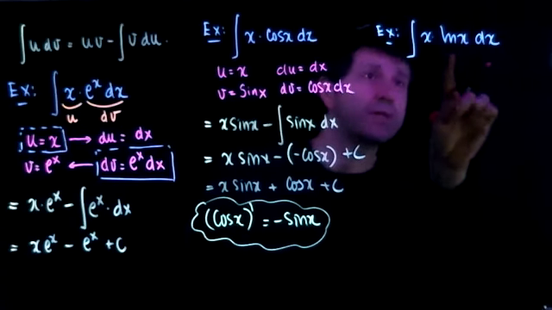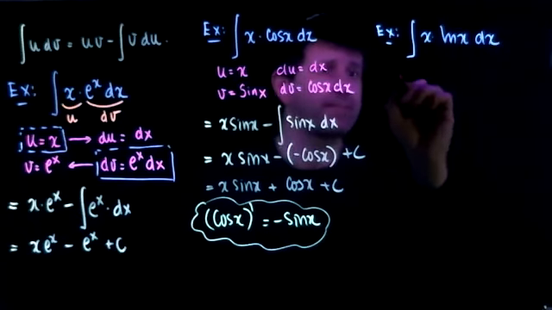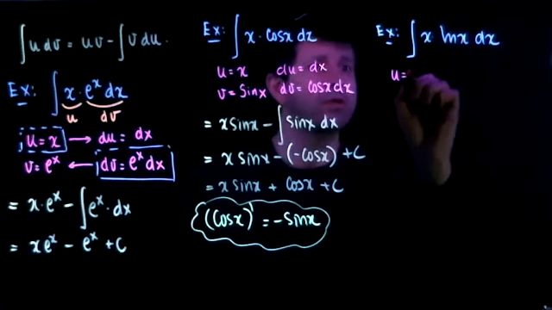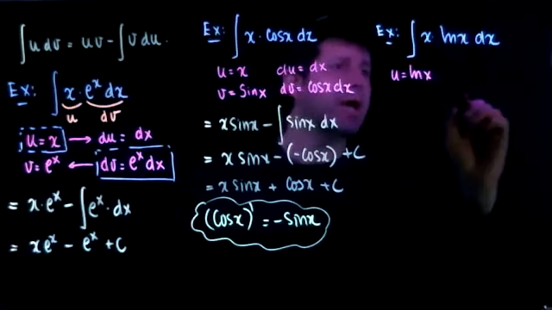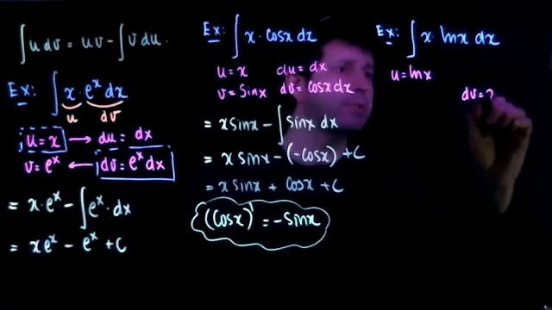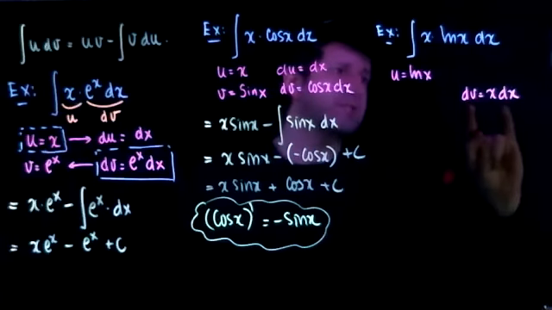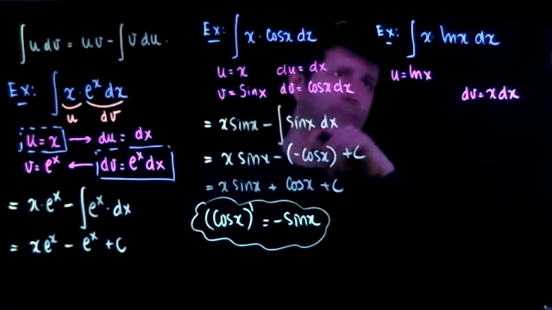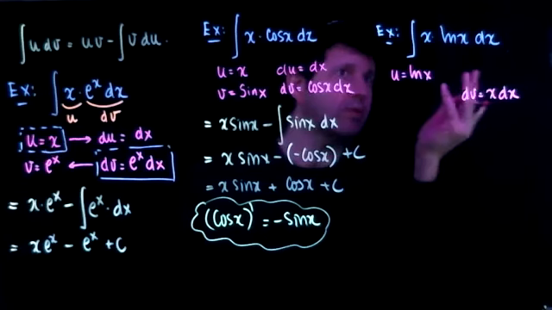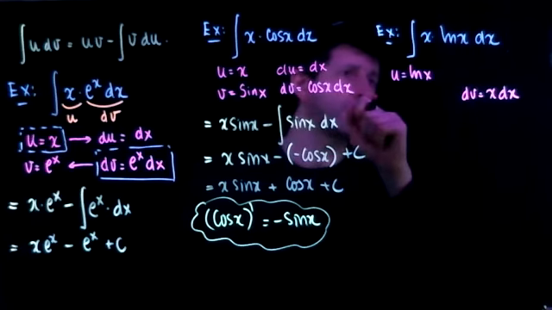So you might as well take u as ln x. Okay, so we're going to take u is ln x, and dv will be x dx. Okay, I'm taking x dx as dv and ln x as u. I could switch the order. Of course, it's a multiplication, right? It commutes.